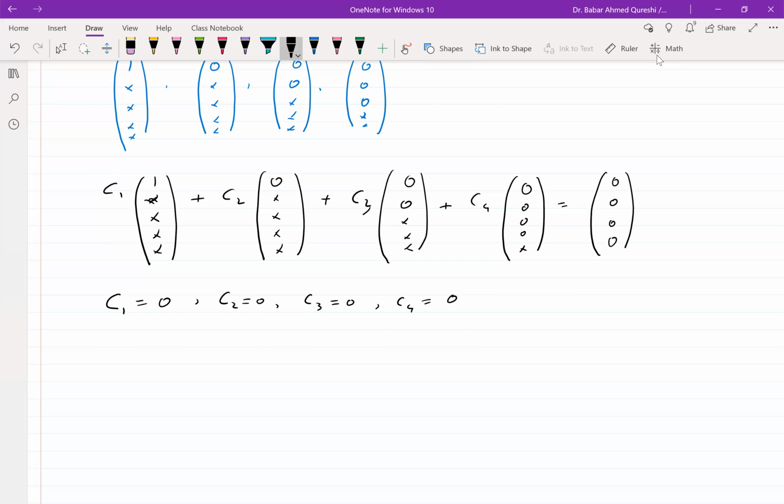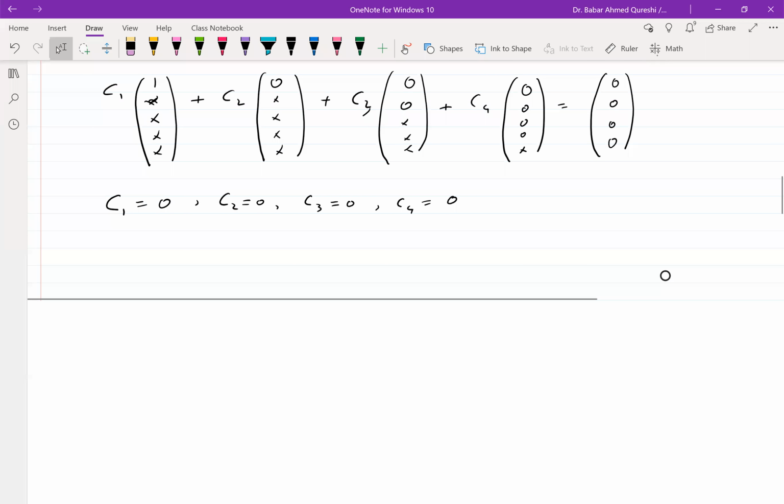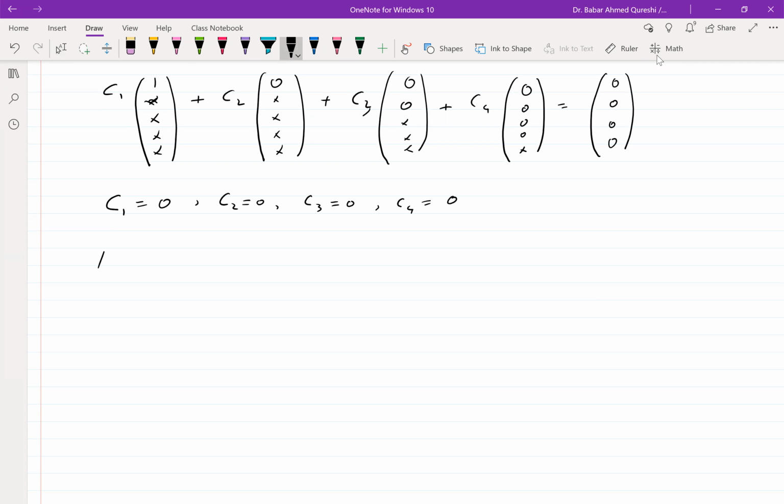So that means if you have these successive extra zeros, then these vectors are linearly independent, because that's the only way you can make a zero out of them.